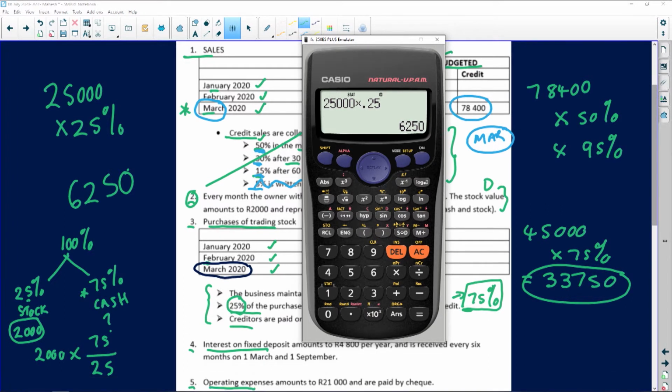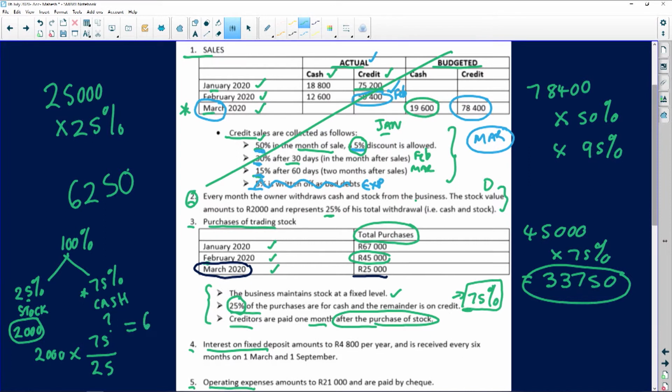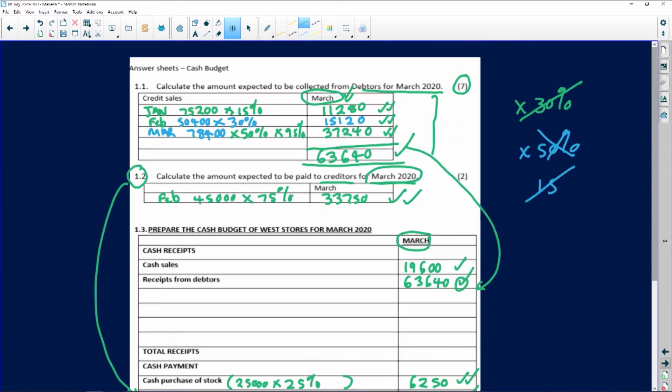I want the cash divided by I have the stock figure. So the amount 2,000 times 75 divided by 25, and that gives us an amount of 6,000. So that is the amount of cash that he withdraws every month. So as you can see, not a difficult calculation once again.